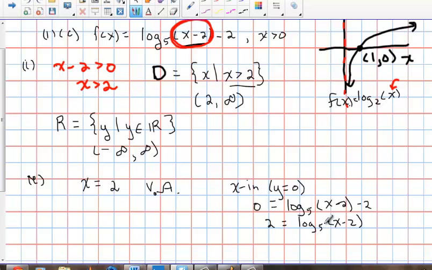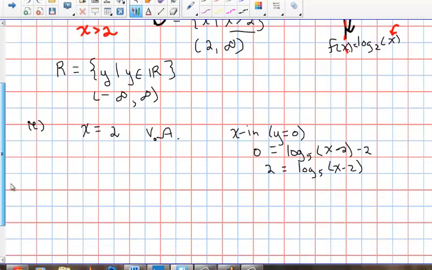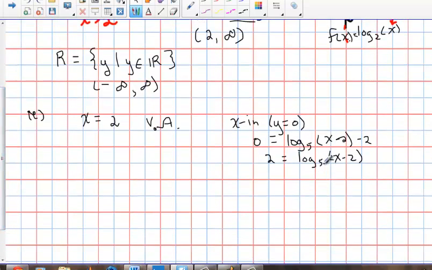And now what we're going to do is take 5 to the power of each side. So we have 5 squared is equal to 5 to the log base 5 of (x minus 2), that is going to equal x minus 2, because we want this x minus 2.